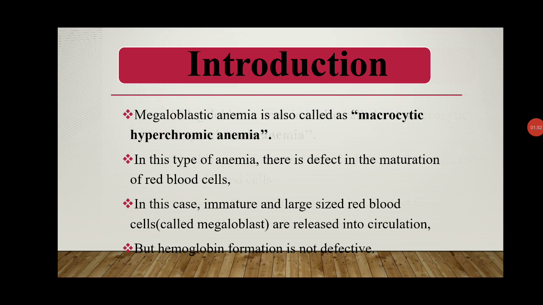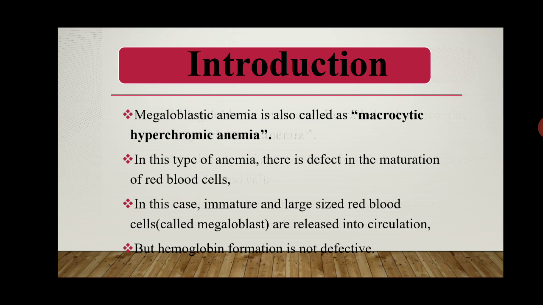In this type of anemia, megaloblastic anemia, there is a defect in the maturation of red blood cells. Immature and large size red blood cells, called megaloblasts, are released into the circulation.